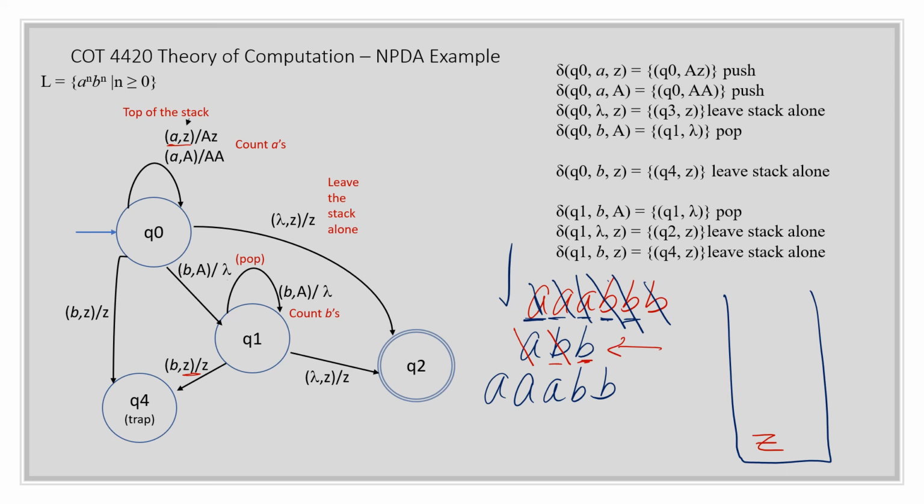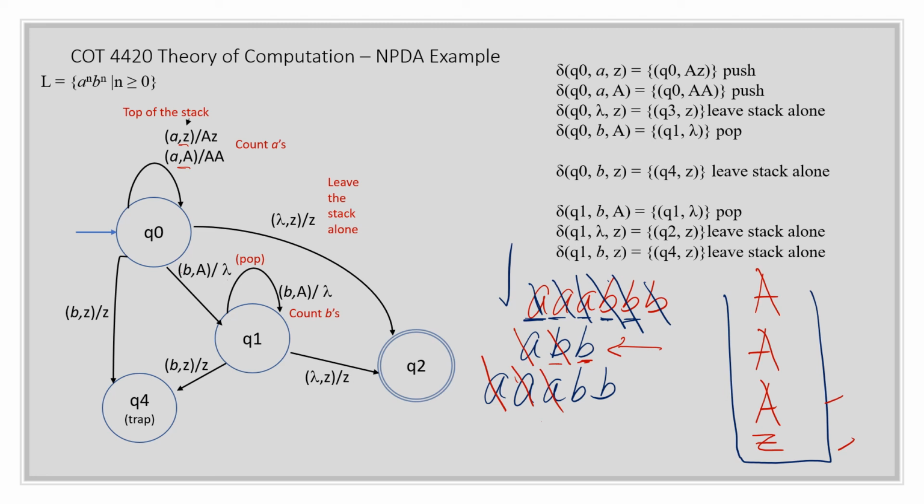Now let's see what happens if I have more A's than B's. I start with the A. There's a Z on my stack, so I'm going to push an A onto the stack. Then my next is an A. There's an A on the stack. I'm going to push another A onto the stack. And then I have another A, and there's an A on the stack. I'm going to push another A onto the stack.